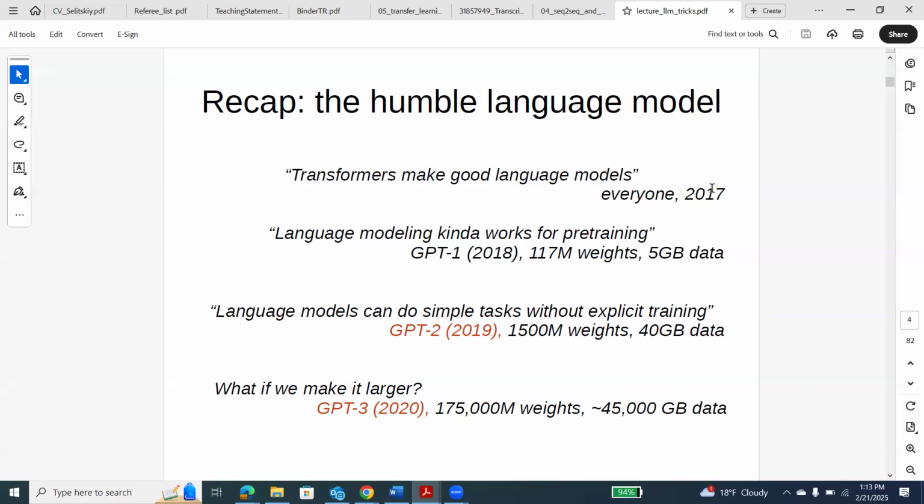For GPT-3, the size increased again by 100 times, and the amount of data also increased by 100. That's why we call these large language models, because the size of these models is large.